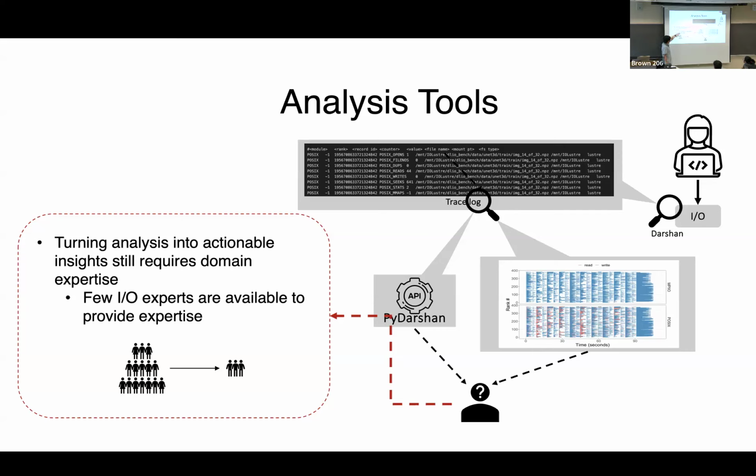And turning this analysis into actionable insight requires a lot of domain knowledge, which is not something domain scientists would normally like to learn. And few experts are available to do that as well. So in a NERSC center, in big HPC centers, it's very common that you have to wait for a month to get an application IO issue addressed, because not so many people are working in that domain.